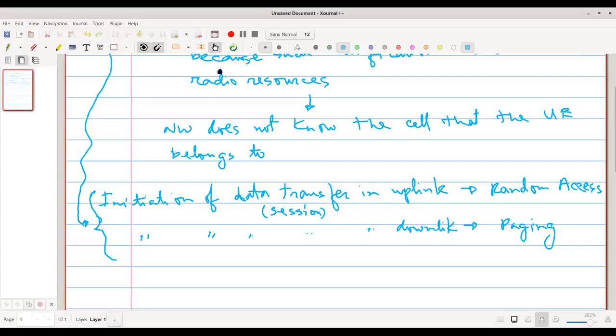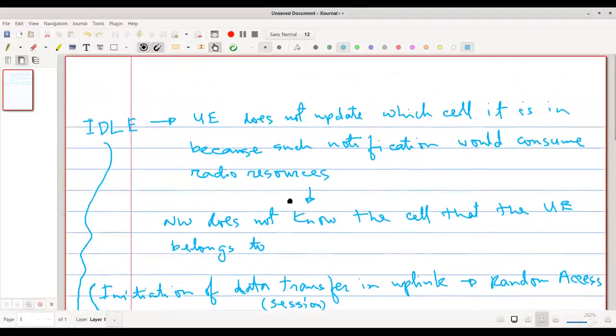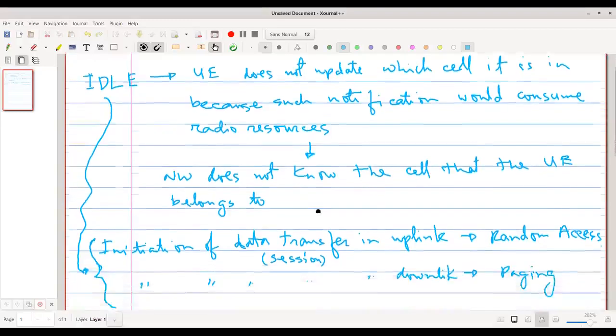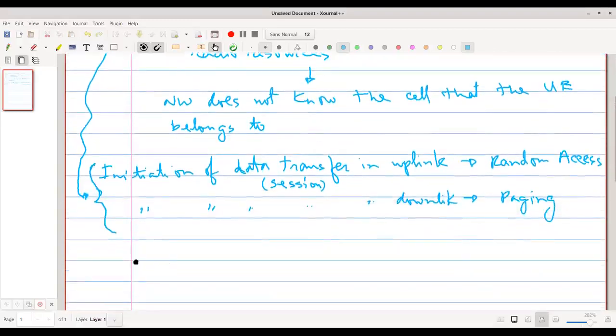So on one hand, if you don't update the network with your cell-wise location, then you can save resources for the update operation. But on the other hand, when the network wants to page you, if the network knew your cell, then that particular cell alone could broadcast the message that I'm looking for this person.